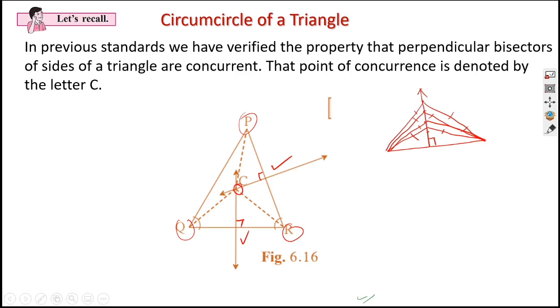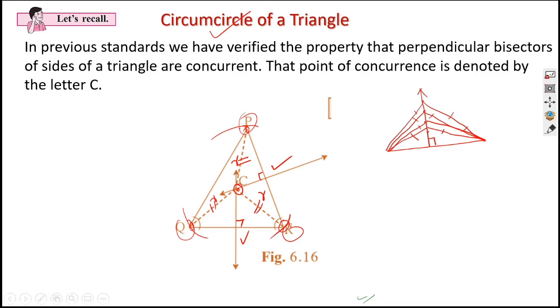They are concurrent, and if you measure the distance from this point to any vertex of this triangle, you will see that they are congruent. Then why can't we take this as radius and draw a circle passing through P, Q and R, which we have named as circumcircle.